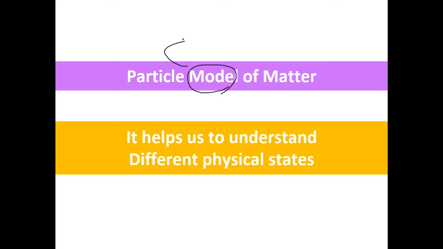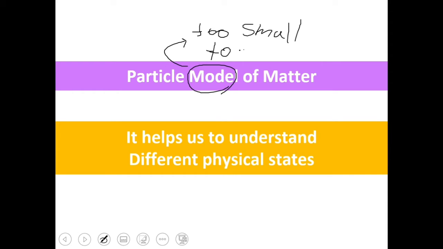We are using a model because some chemicals are too small to observe, even using a microscope, like molecules, the water molecule, H2O.